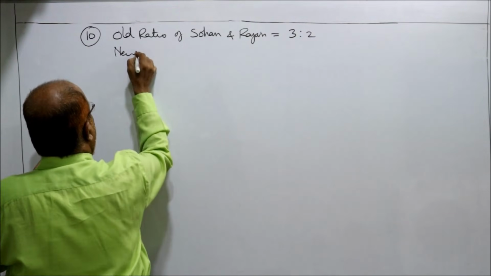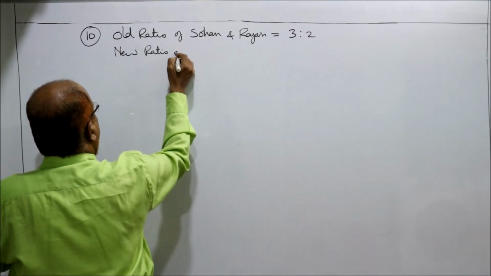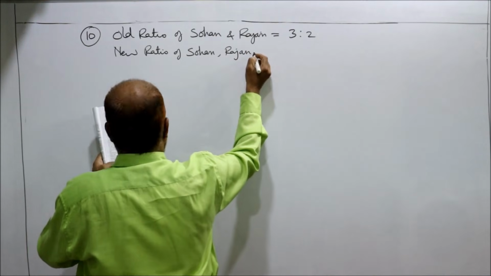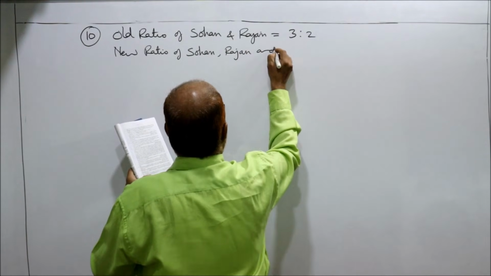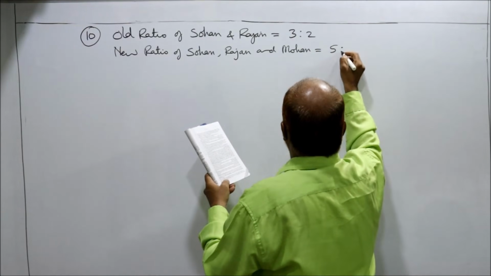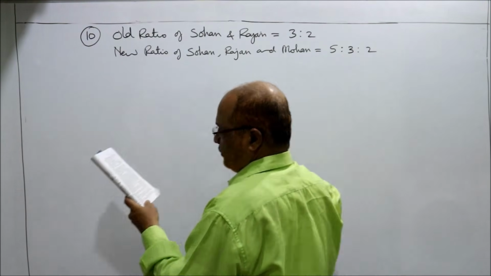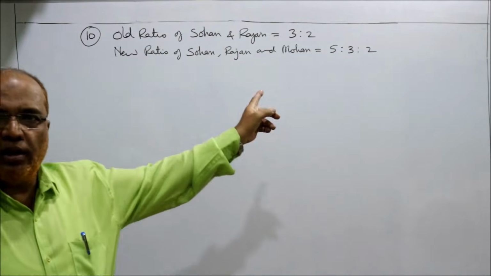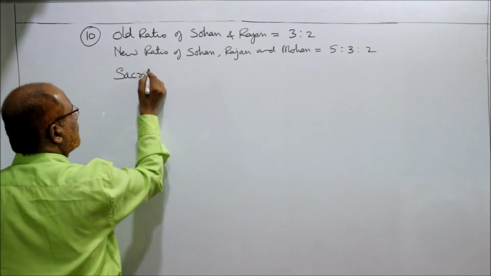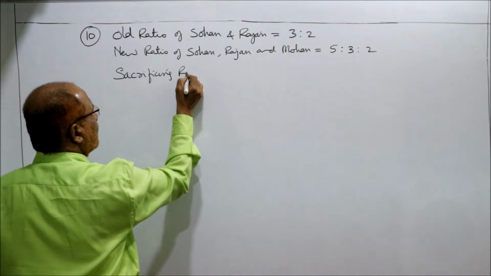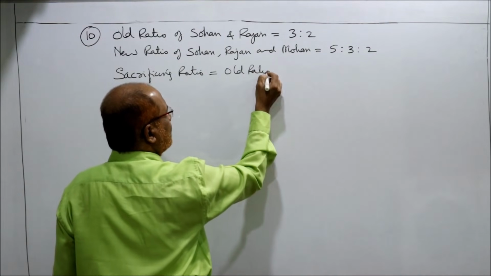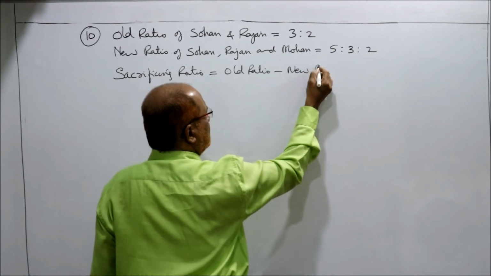New ratio of Sohan, Rajan and Mohan is equal to 5:3:2. This is the information given, old ratio and new ratio. Now we are required to calculate sacrificing ratio. The formula for sacrificing ratio is old ratio minus new ratio.